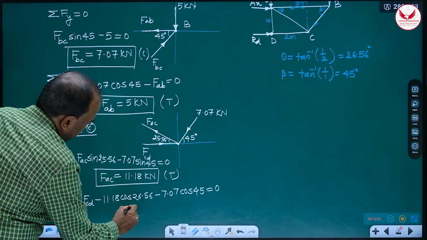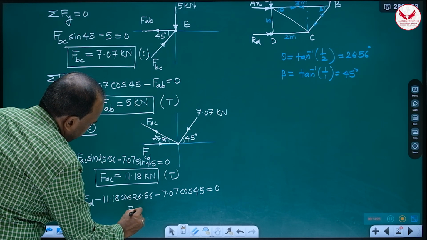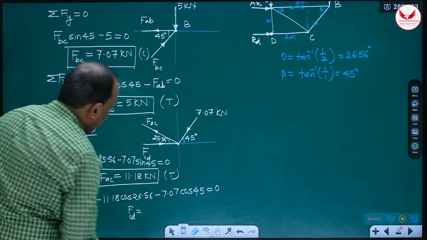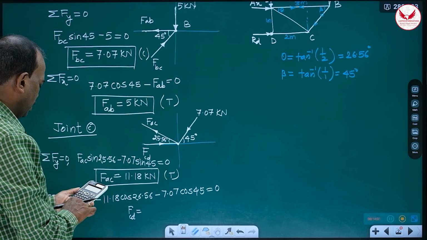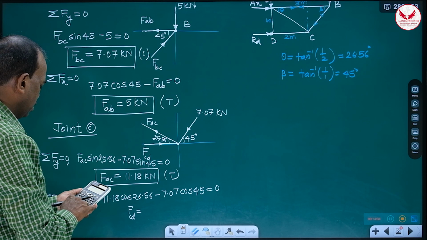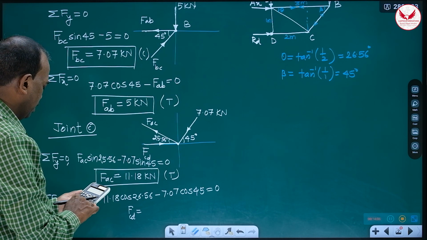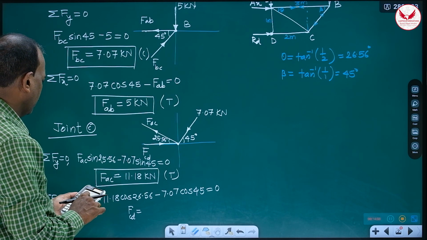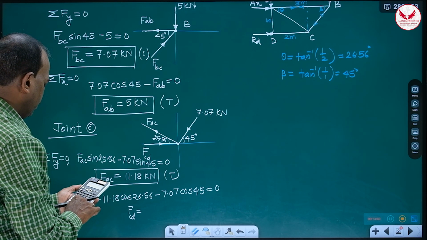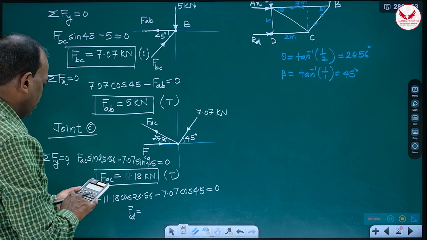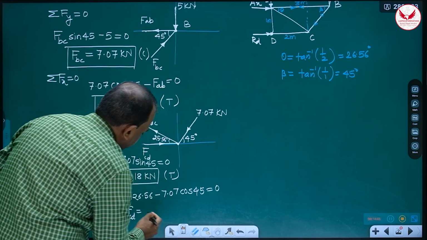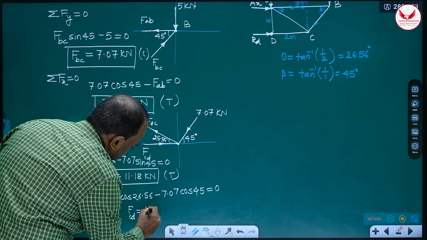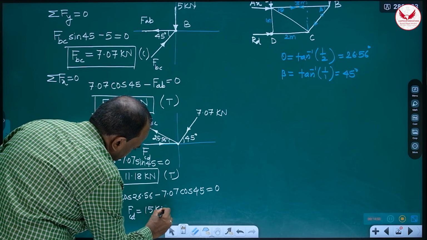And from this we get FCD. This is going to be 11.18 into cos 26.56 plus 5. It is going to be 15. FCD is 15 kilonewton.